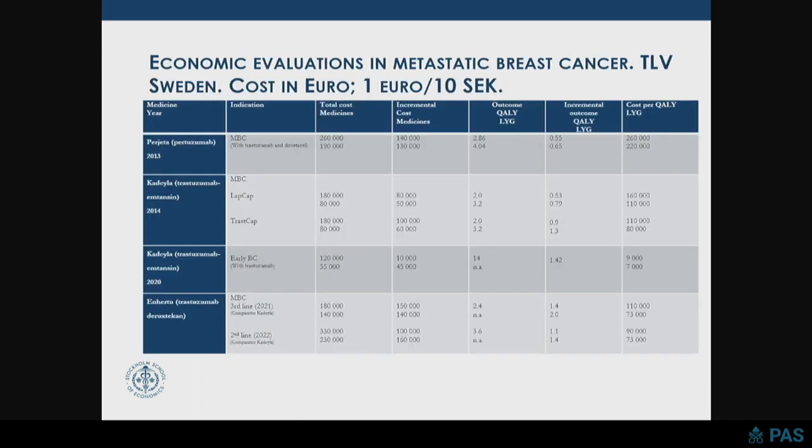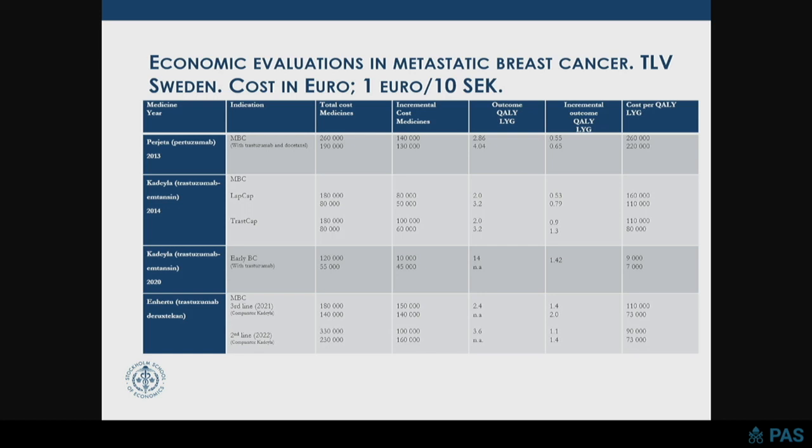I'm sorry, this is too small here, but after Herceptin, we introduced Perjeta, which was a combination therapy. Cost for Herceptin was about 50,000 euro. For Perjeta, it went up to about 140,000 euro.